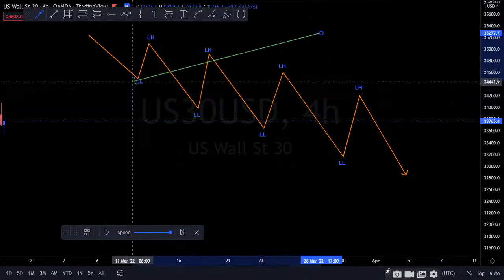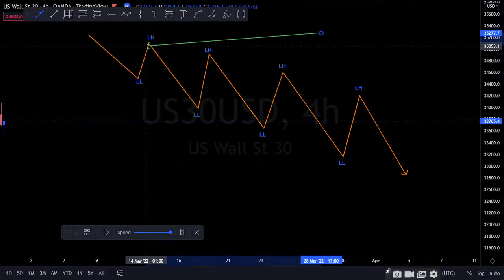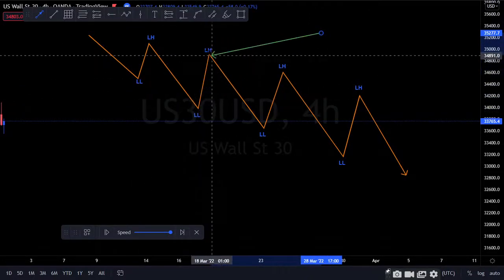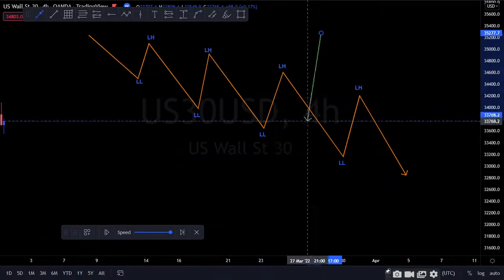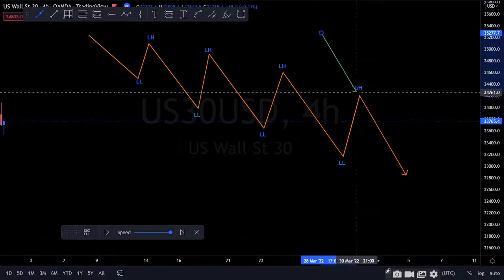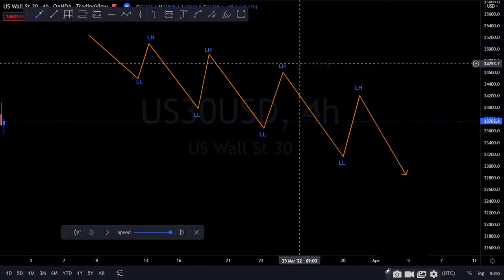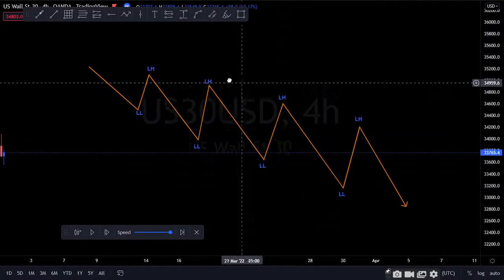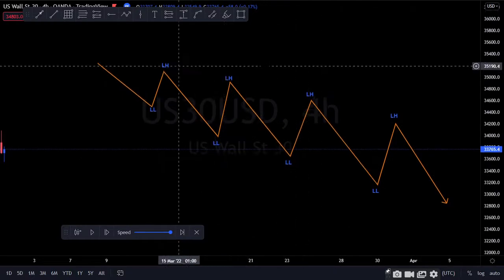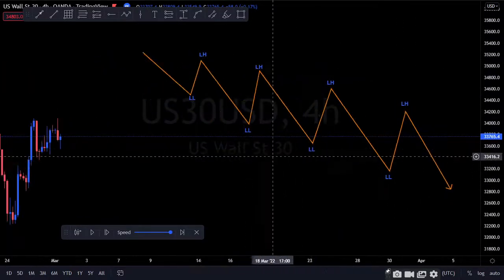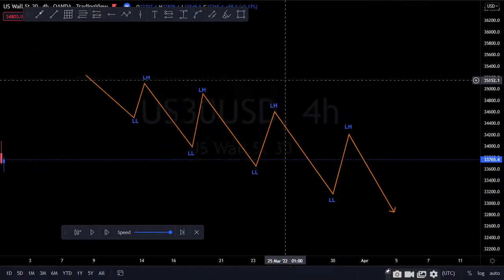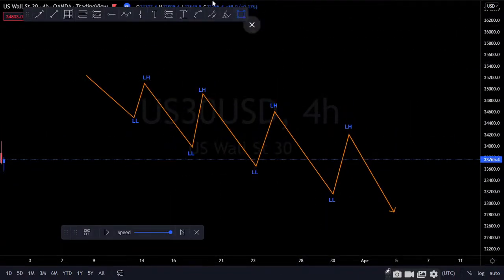Now you can see that we have the retracement here, the expansion, the retracement here, the expansion, the retracement here, the expansion, the retracement, and then the expansion. In bullish market structure, we were looking for buys. In bearish market structure, we'll be looking for sell opportunities.